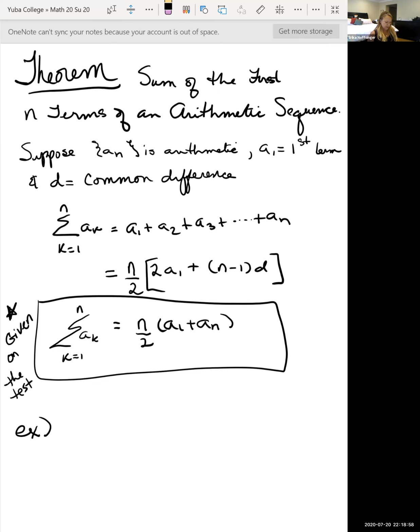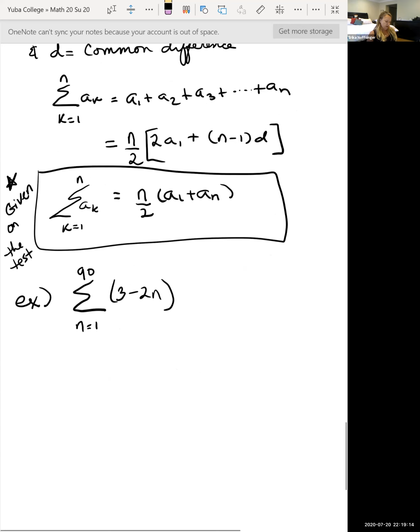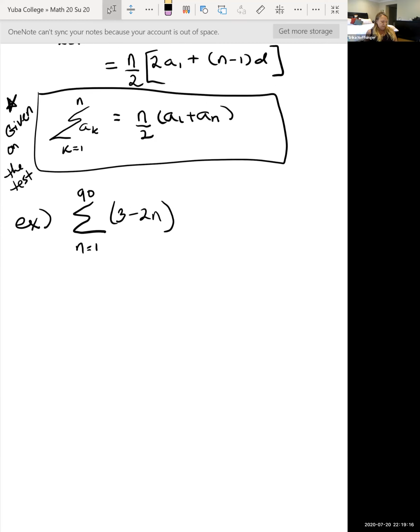So let's look at an example. If we have a summation of n equals 1 to 90 of 3 minus 2n, find each sum.